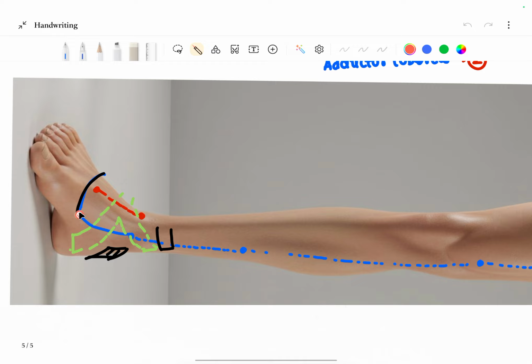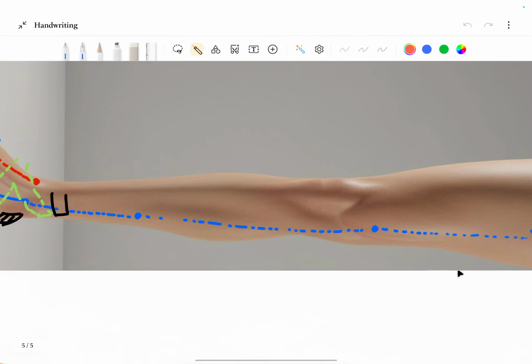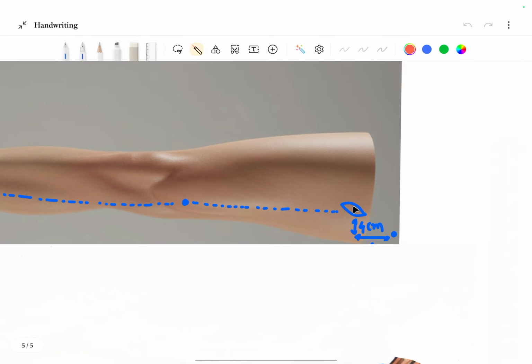So here is your first point, here is your second, this is your third, this is your fourth, and your fifth point is at the saphenous opening.